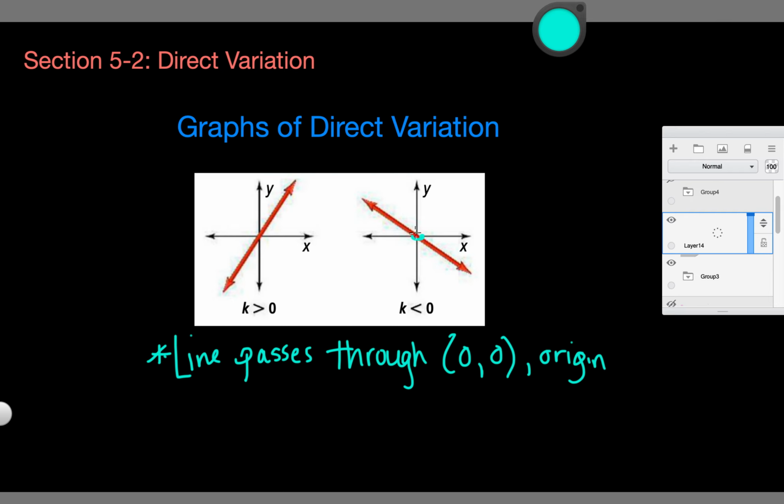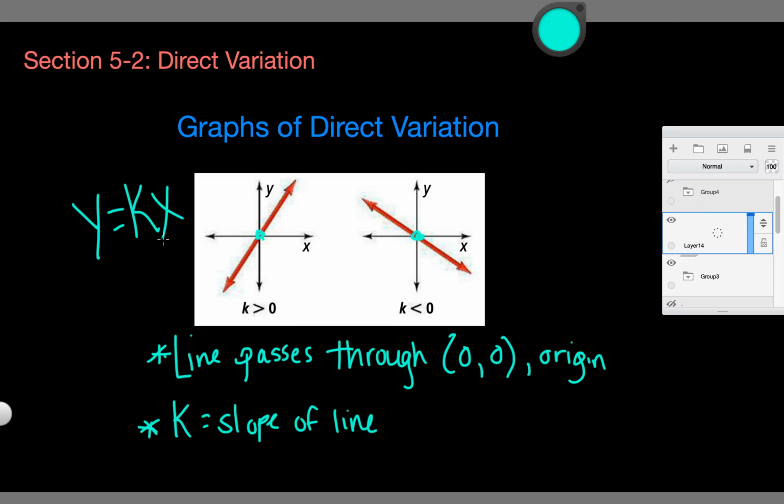They always pass through this middle of your graph, which is your origin. The next property that direct variation equations always have is that k equals the slope of the line. And again, the equation for direct variation is y equals kx.